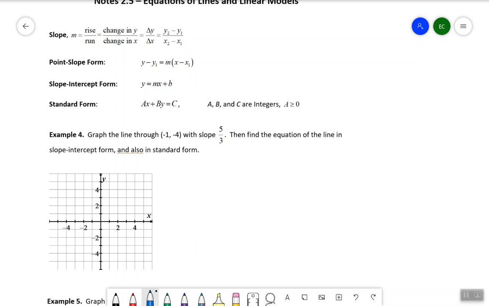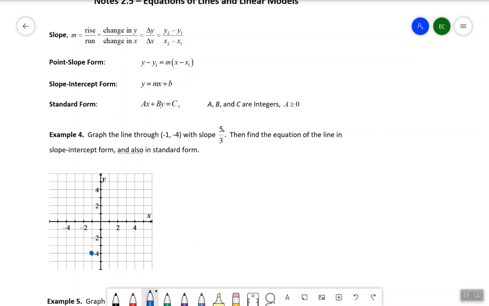Let's start with the graph. If we want the line to go through (-1, -4), then we can just go ahead and plot that point. There it is. And then if we want a slope of 5/3, 5 is a vertical change and 3 is a horizontal change, right?